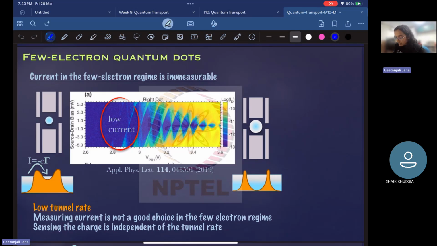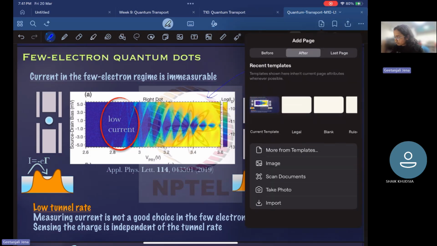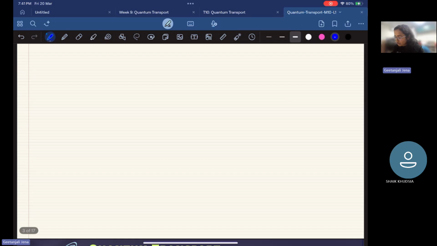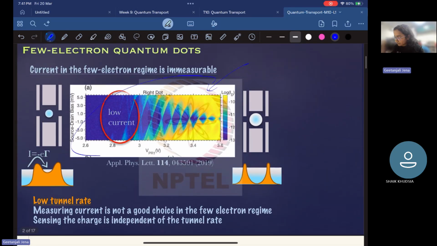One of the concepts is that in week 10, we are in the first part of this lecture, dealing with why we need a charge sensor. Why don't we use a current sensor? The reason is in this figure. Let me just give brief details. We are studying this diagram.